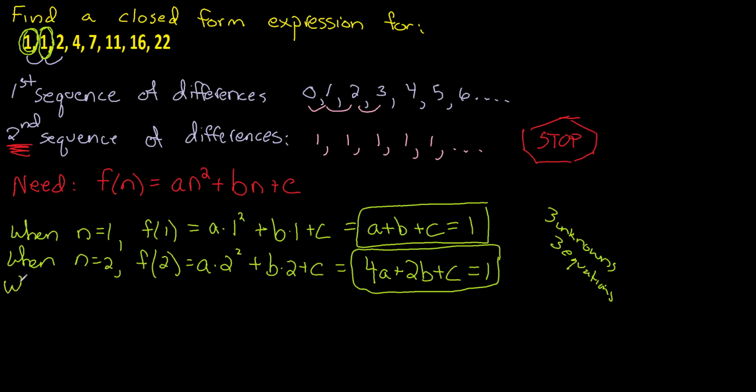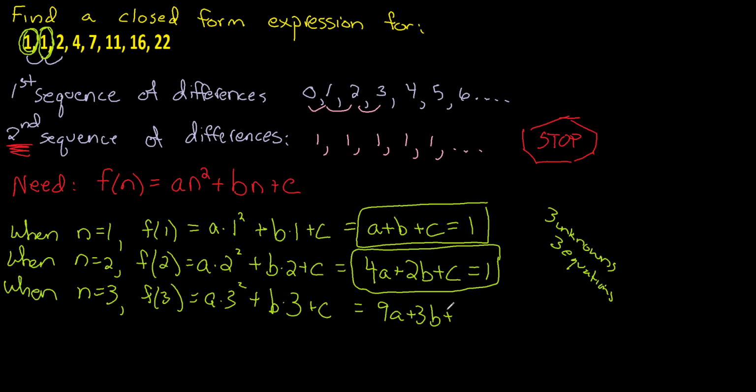When n equals 3, here we go, f of 3 is going to be a times 3 squared plus b times 3 plus c. If I work that out, that'll give me 9a plus 3b plus c.